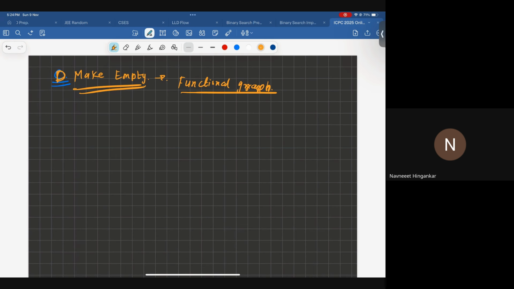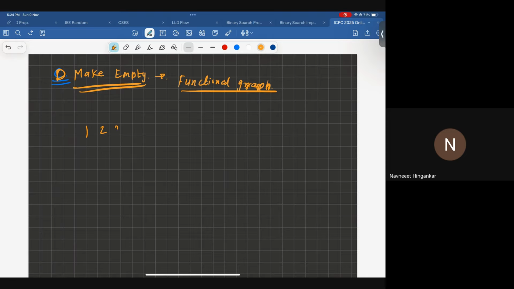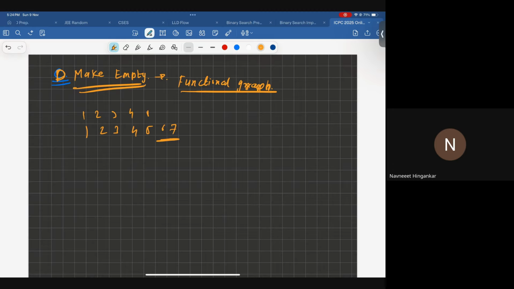Let's say I have written 1, 2, 3, 4, 5, 6, 7. The indexing is also 1, 2, 3, 4, 5, 6, 7, and the permutation is also this. The moment I swapped these two numbers, the indexes remain the same, but the numbers become 7 comma 6. But this creates a cycle, right?